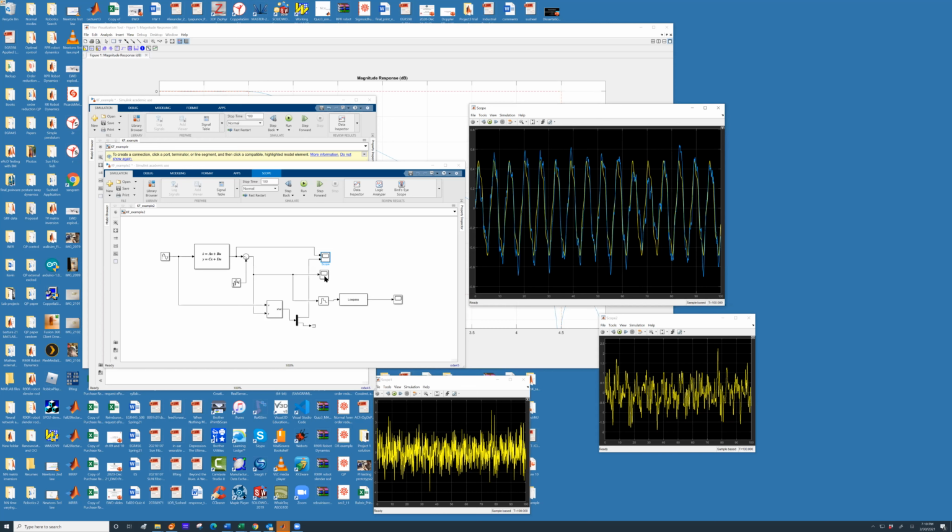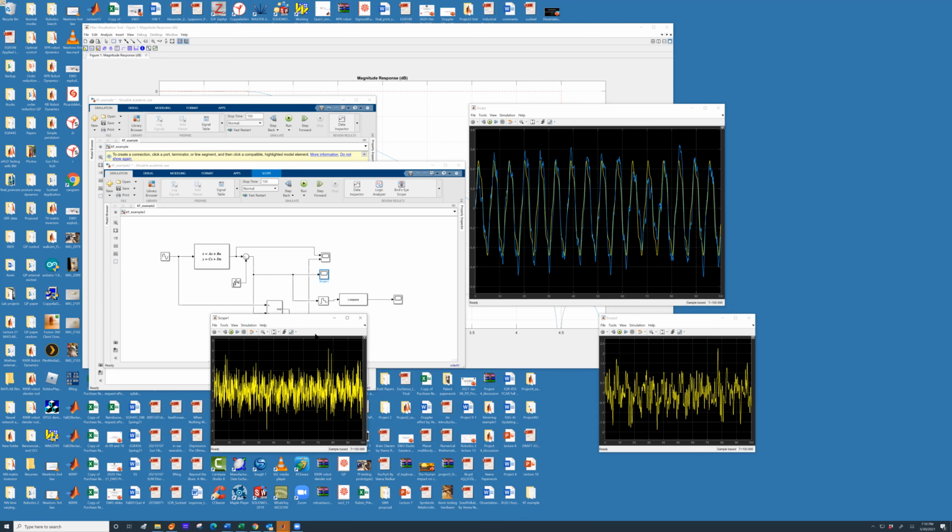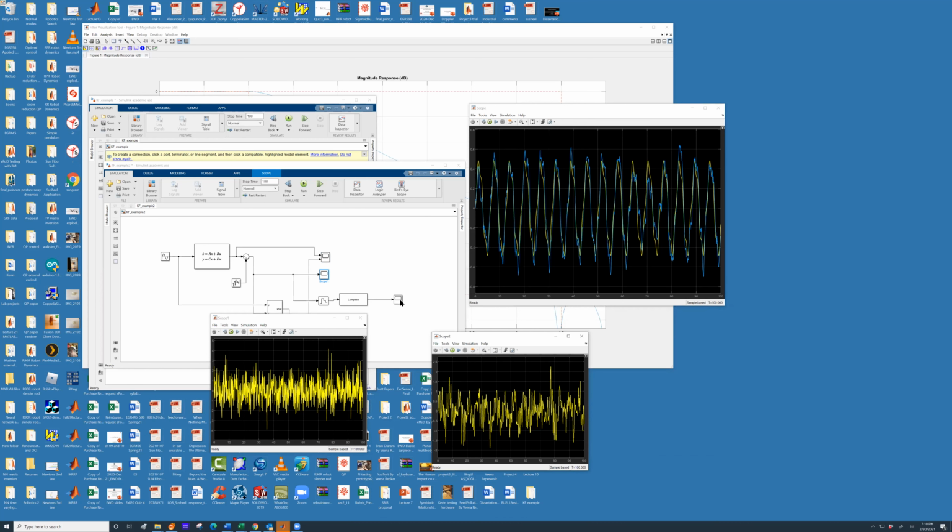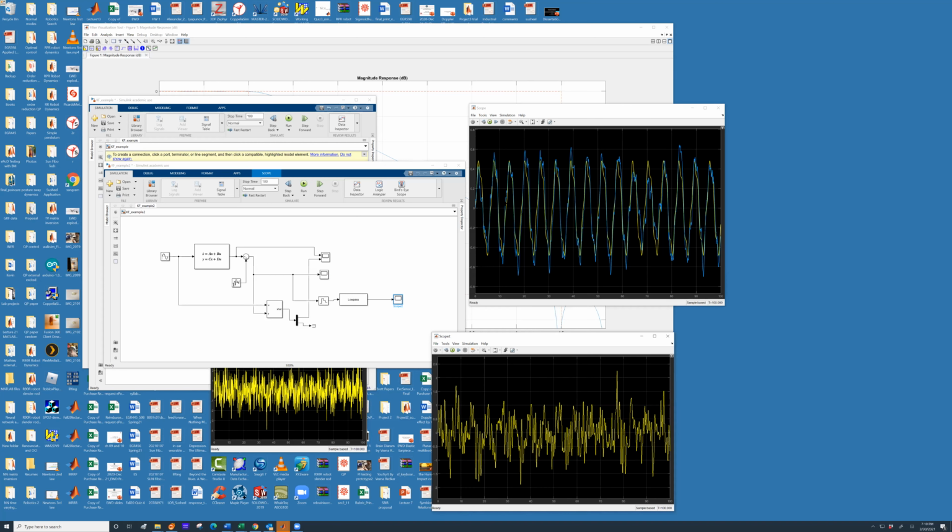On the other hand, this is the actual measurement. This is super duper noisy. This noisy measurement, when I filter, I get this output, which is filtered, which is less noisy, but nowhere close compared to the true value.